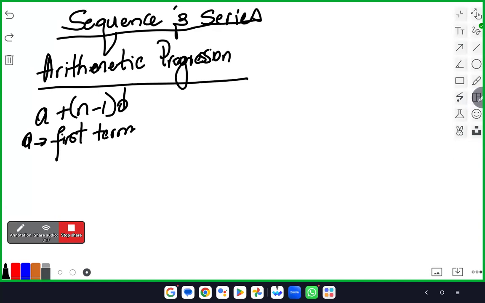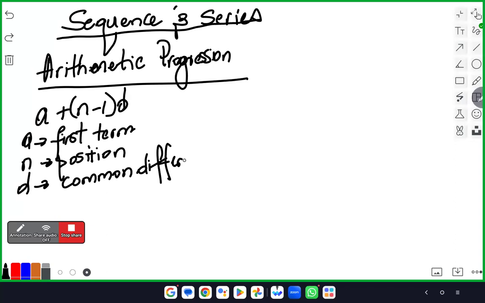N speaks to the position of the term in focus. And D is what we call the common difference. The common difference is really the difference between successive terms.